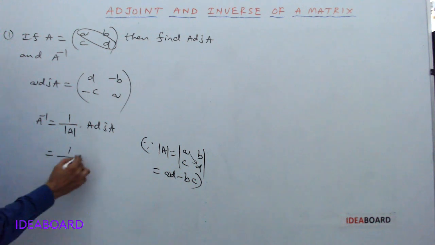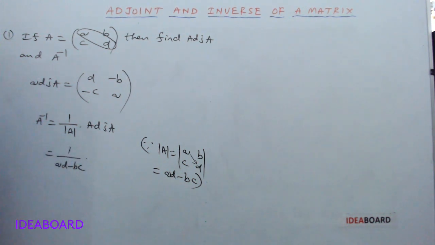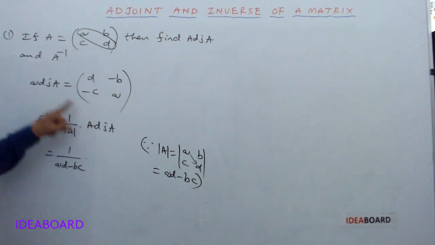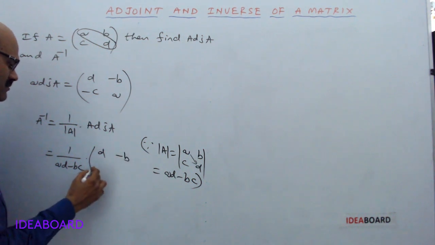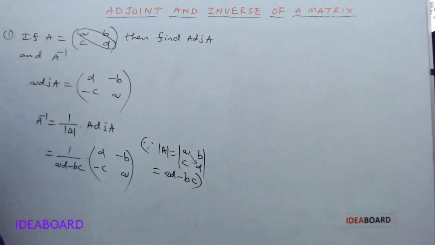So A inverse equal to 1 by AD minus BC into adjoint of A, which is D, minus B, minus C, A.